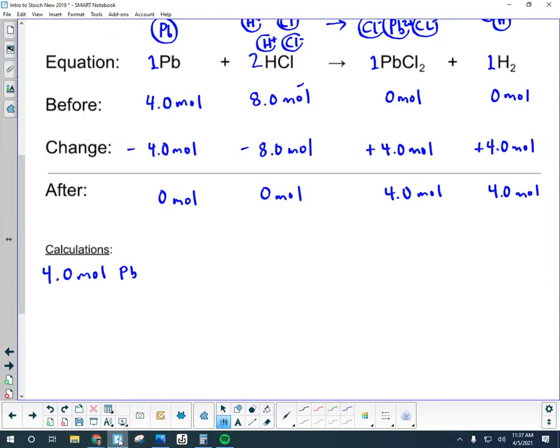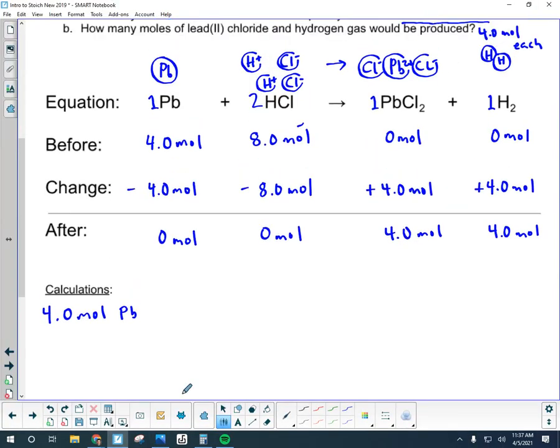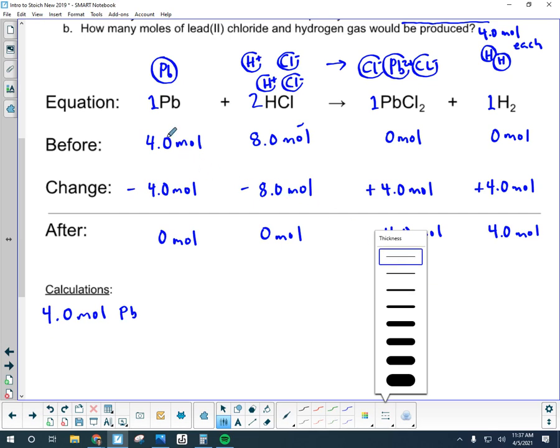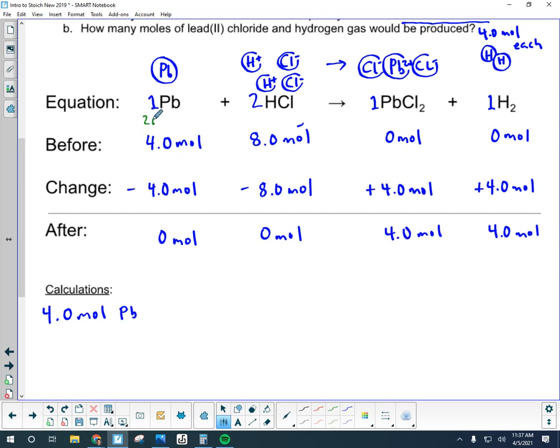So I'm going to go back and jot that number down here. So it's 207.2 grams per mole for lead. That one's easy because it's just a pure element. To do the molar mass for HCl, I need to add up the molar mass of hydrogen and chlorine.